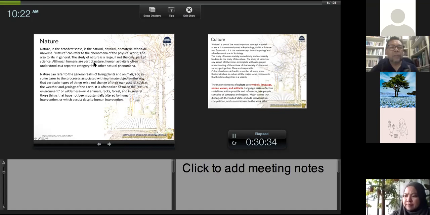Although humans are part of nature, human activity is often understood as a separate category from other natural phenomena. Nature can refer to the general realm of living plants, animals, and so on. So this is the definition of nature.